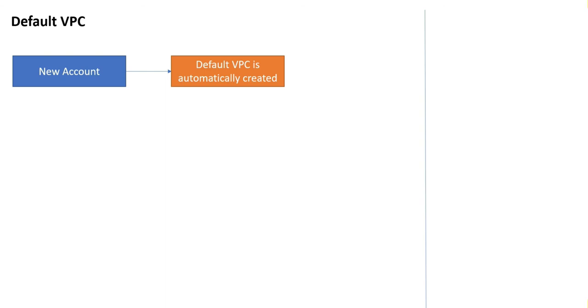Okay, so this is the default VPC that we are referring to. Now this default VPC is easily accessible over the internet as it has public access. So the default VPC has public access to the internet.